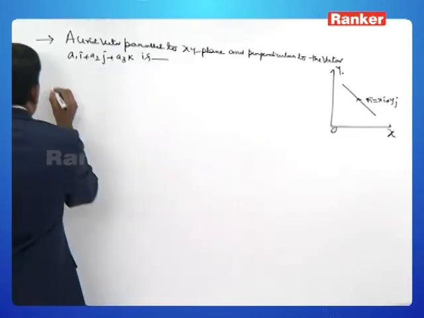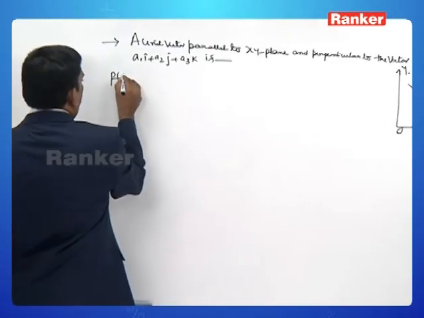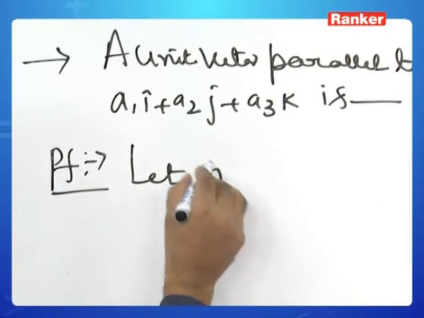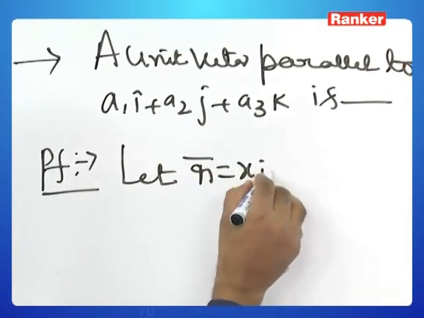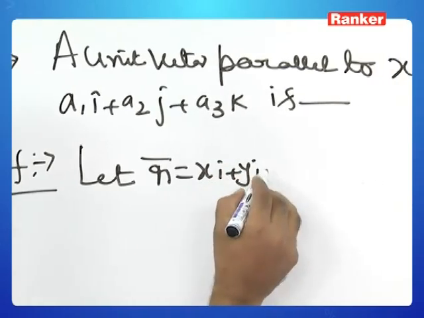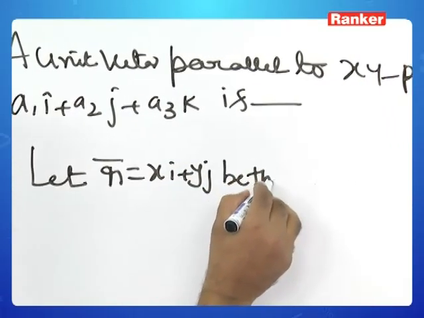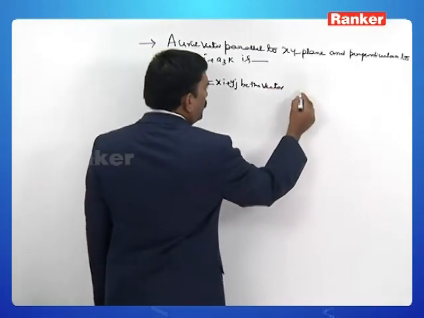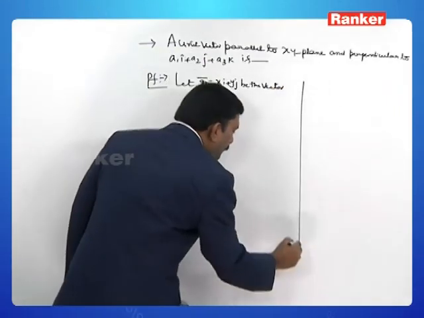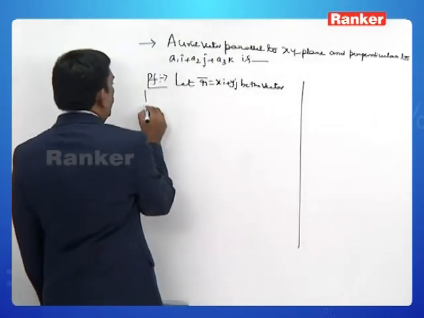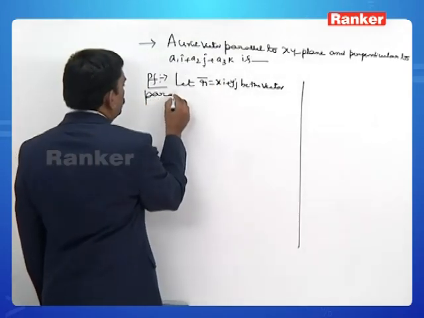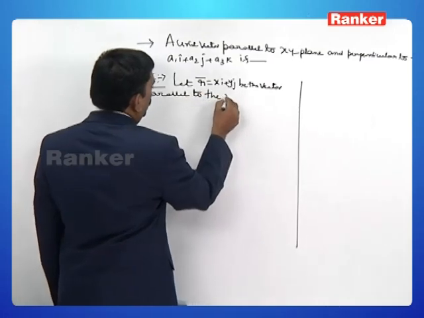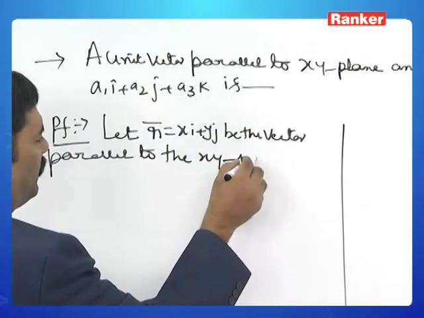Let us see. The proof of this one is very simple. Let r bar is equal to xi plus yj be the vector parallel to the xy plane.